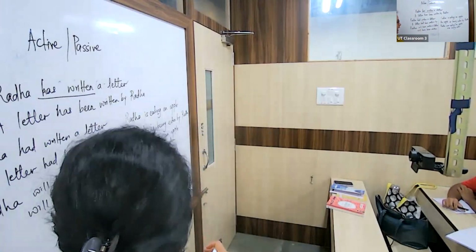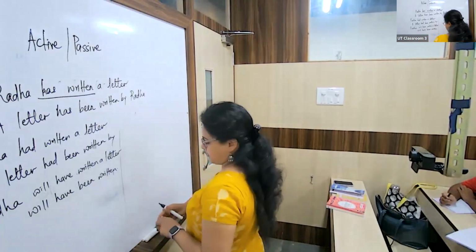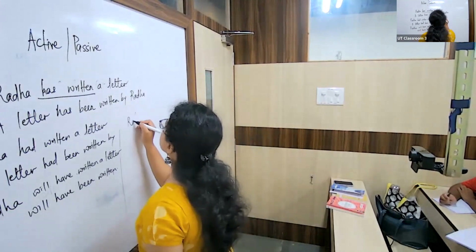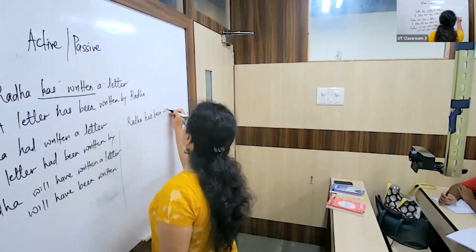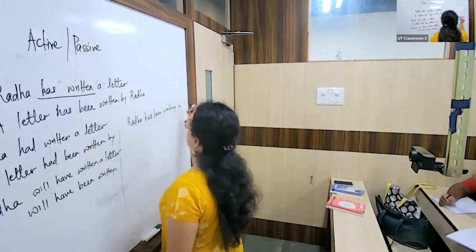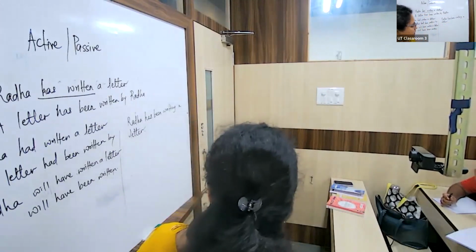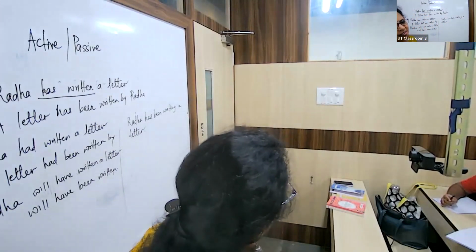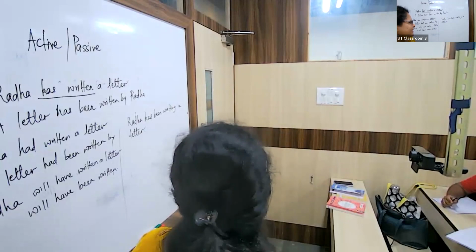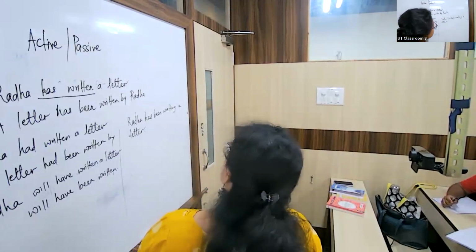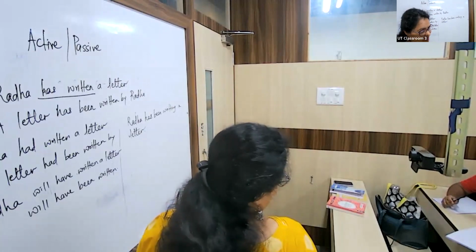Okay. And our last is perfect continuous. Radha has been writing a letter. So what will this become? Don't change the tense. Has been written by Radha. So this will be a letter has been being written by Radha.